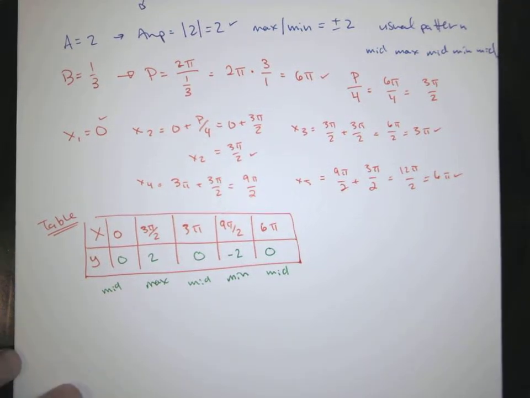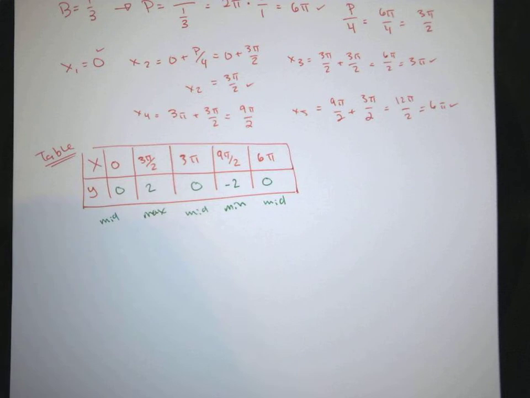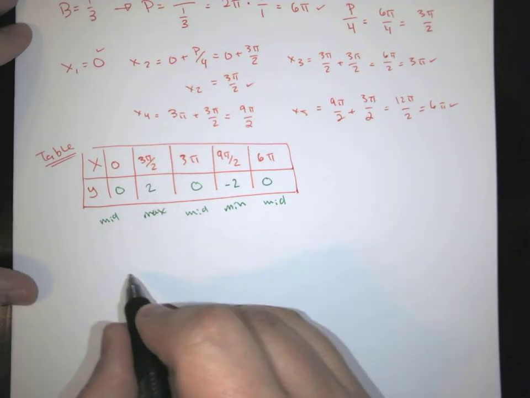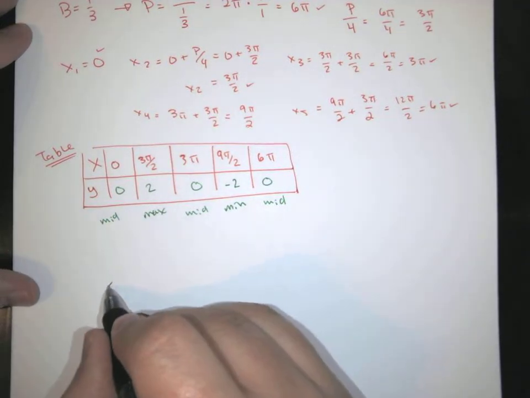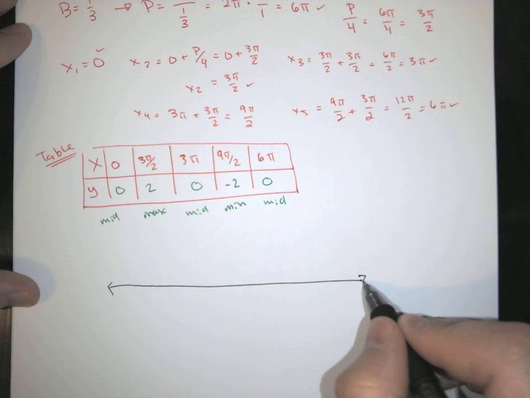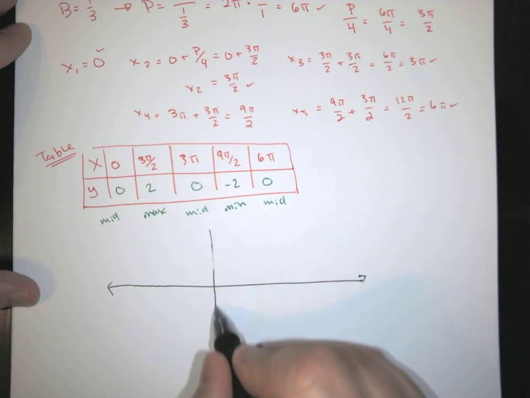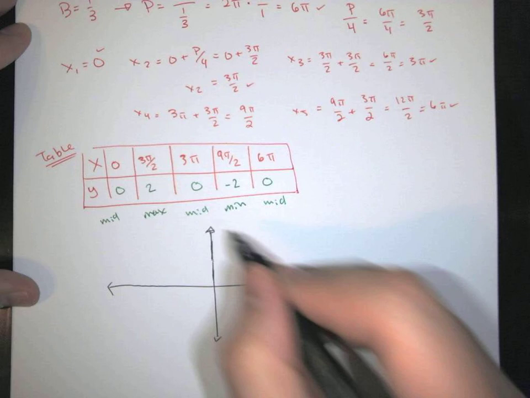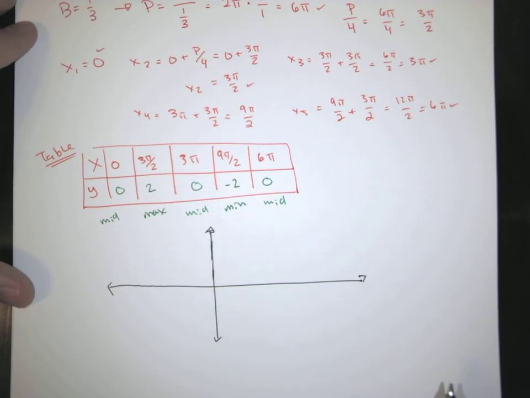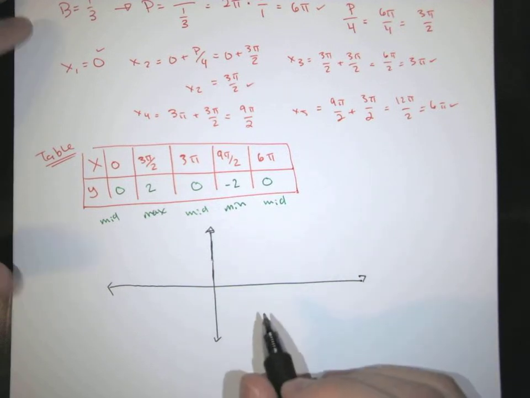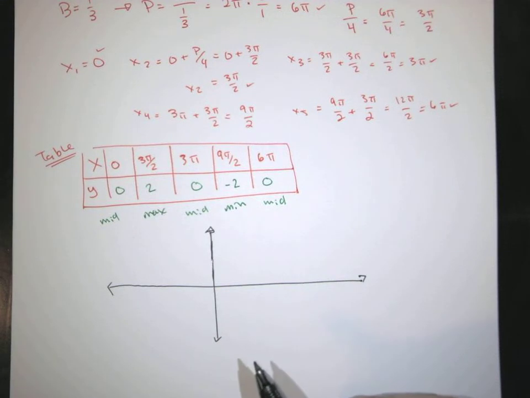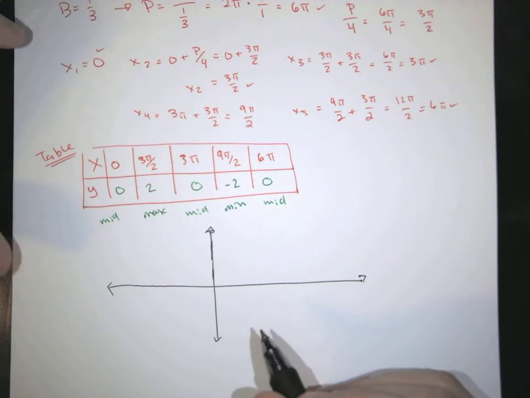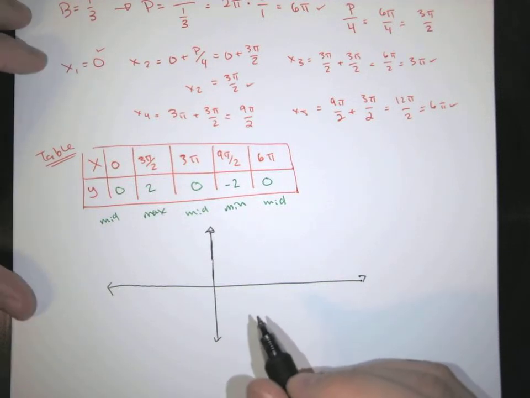Let's make a sketch. You might ask, why am I not using graph paper? I think it's actually a little bit easier to freehand some of these graphs, because our x and y axes are changing so much.